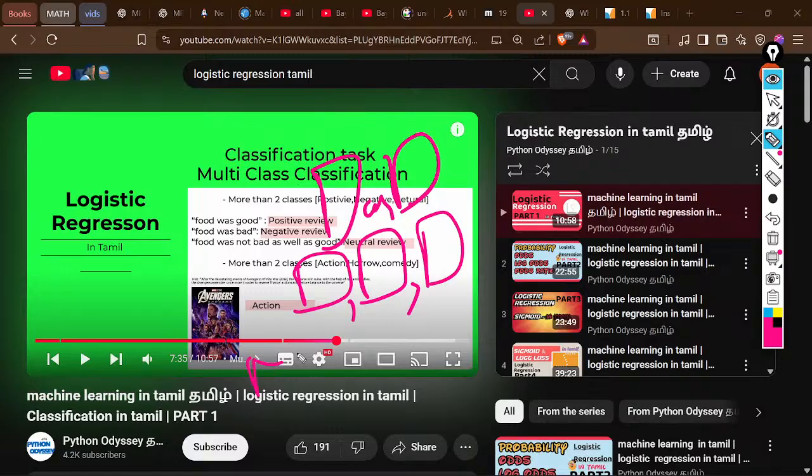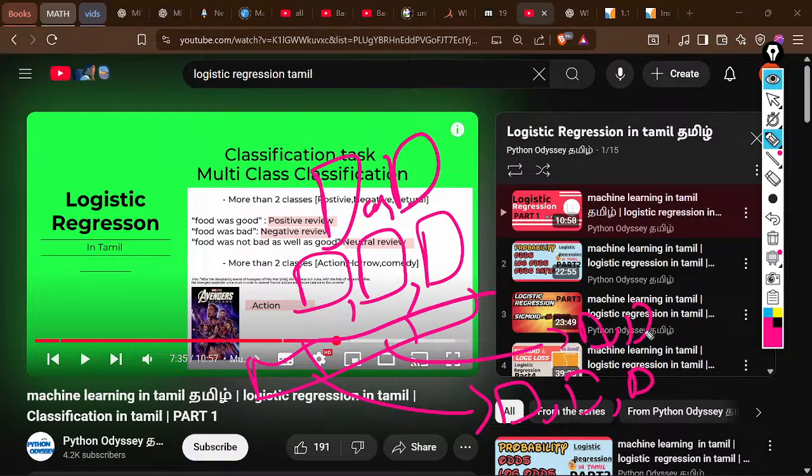We have a lot of information, and we are classifying using that. So this will be multi-class, multi-label, and this will be binary.